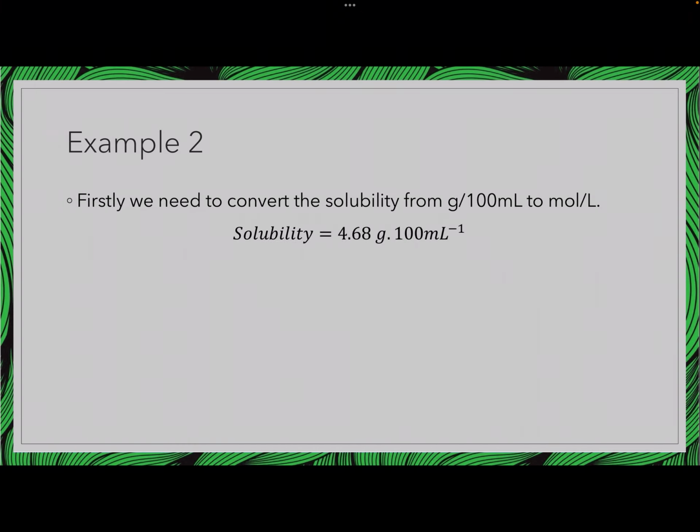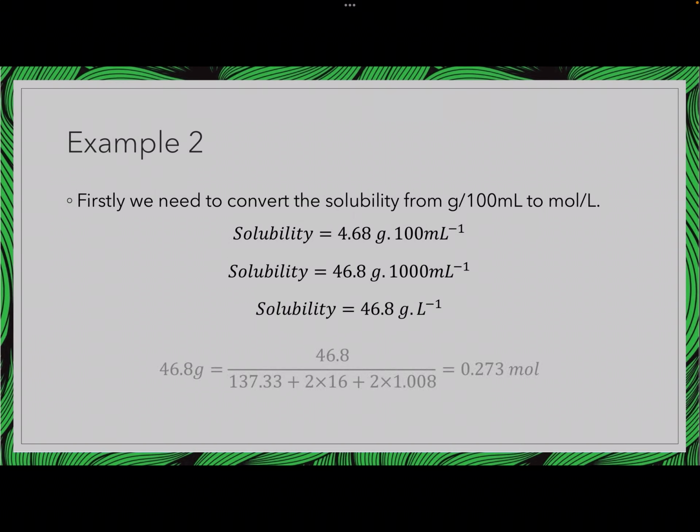So we had 4.68 grams per 100 mils. There's 10 times the amount of that in a liter. We then change 1,000 mils to liters just to make it easier on ourselves. We then find out how many moles is in 46.8 grams of barium hydroxide. And we can say then solubility is 0.273 moles per liter.